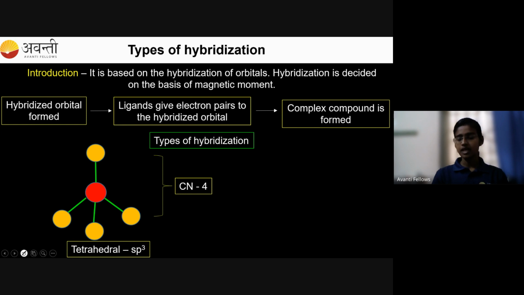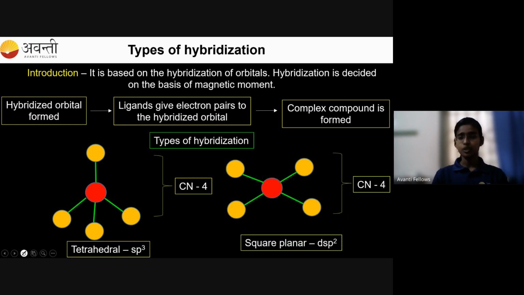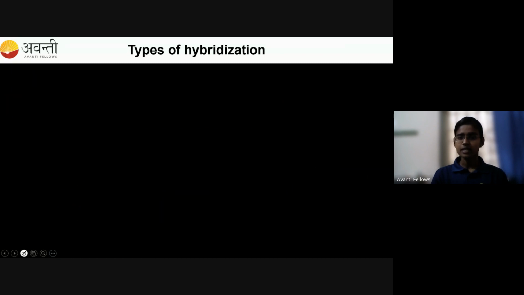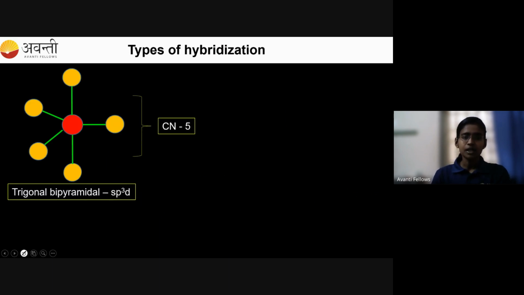The second hybridization is dsp2. The coordination number is again 4, but it is for square planar complexes. The third type is sp3d. Its geometry is trigonal bipyramidal, and the coordination number is 5.